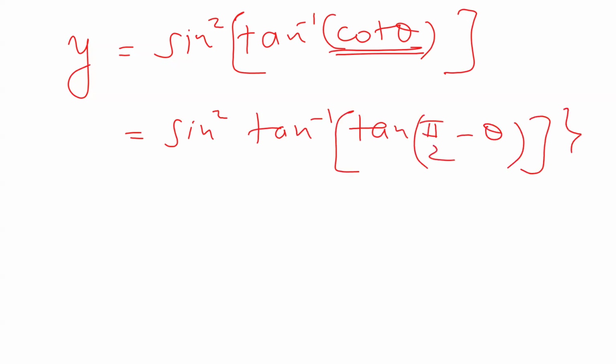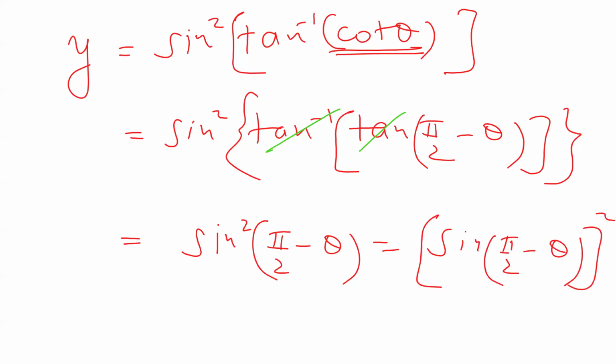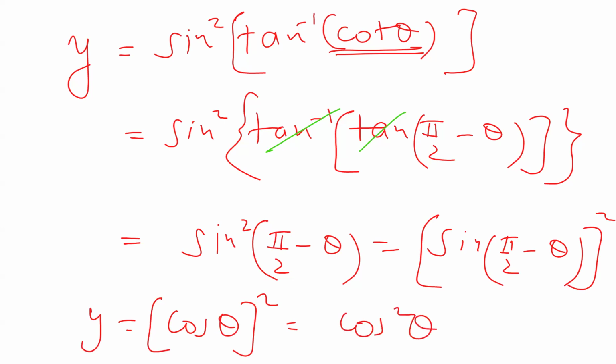Now tan inverse and tan are getting cancelled. Okay, so sine square pi by 2 minus theta. Let's take the square outside. What is sine pi by 2 minus theta? It is cos theta, the whole square. So y is equal to cos square theta.